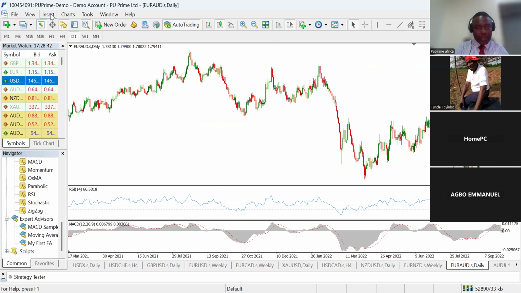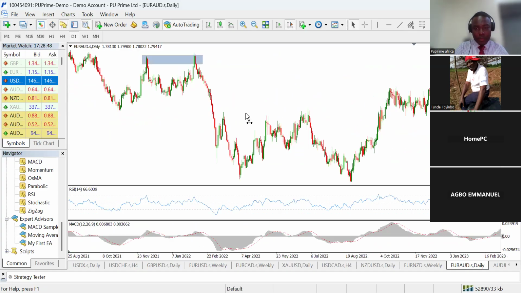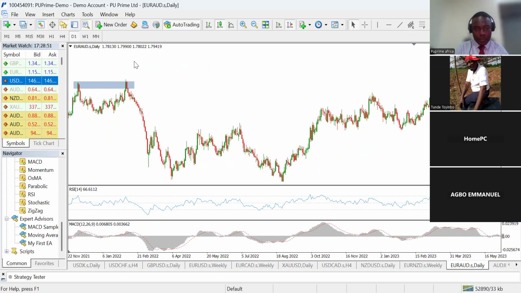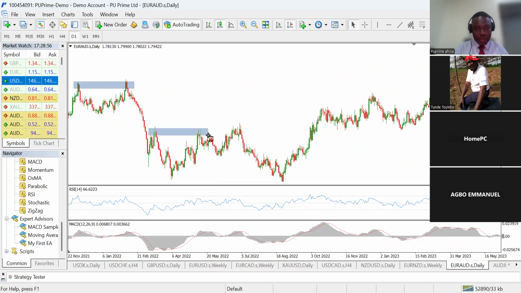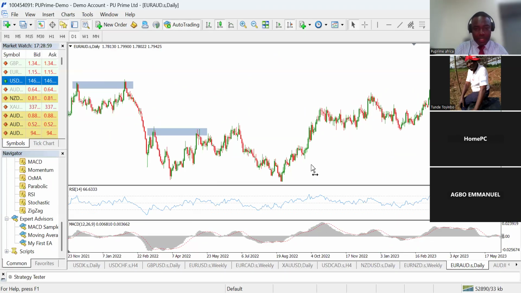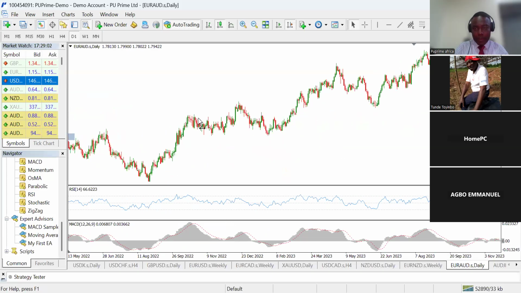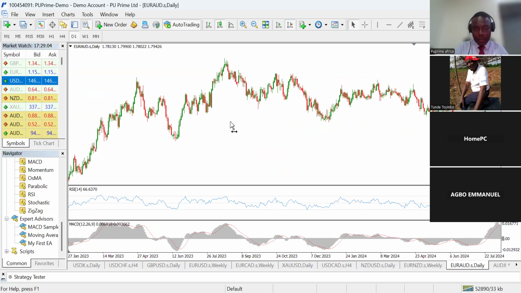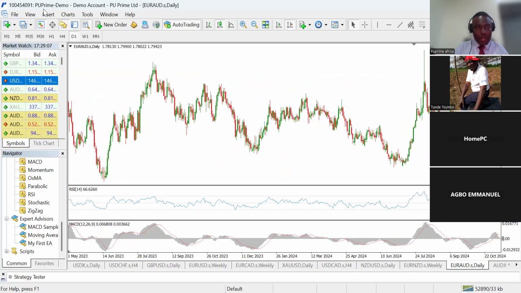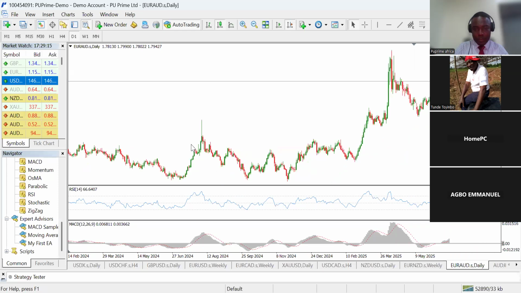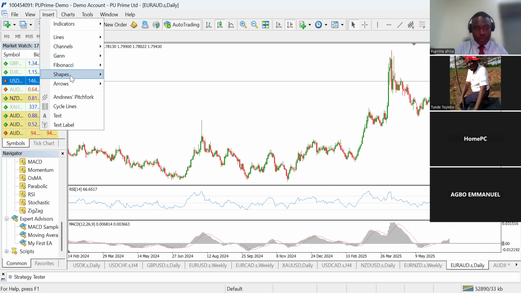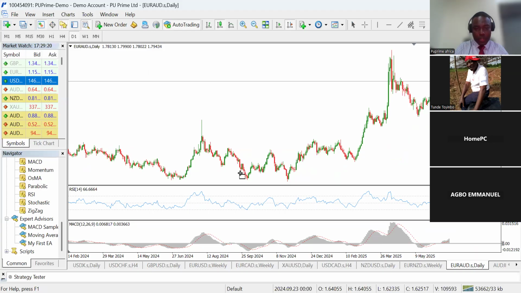This is a resistance in 2021. We have a slight resistance here in 2022. You can see the bearish movement after price hits the resistance. We have a resistance in 2023. We have a support in 2024.